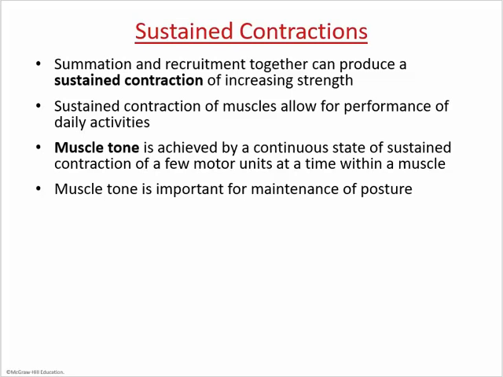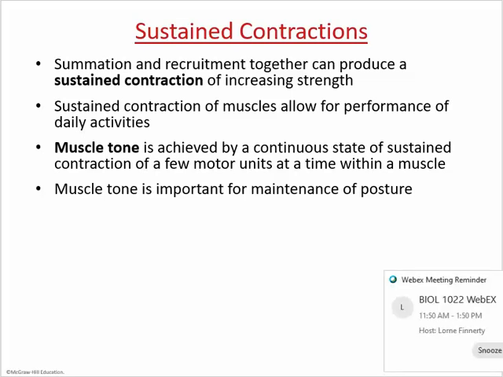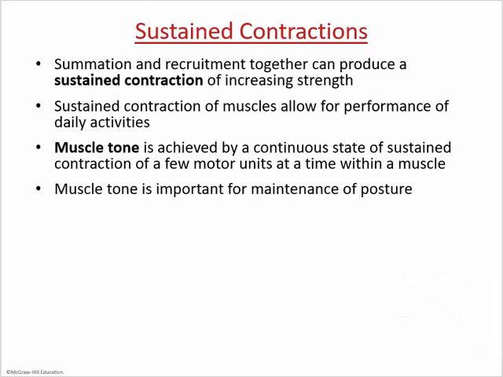So you're still using 10% of your motor units, but it's not the same 10% 30 seconds later. And you'll see that as you get fatigued. So say you're carrying a suitcase for a while, and all of a sudden your arm starts to tremble. It's because of this recruitment.